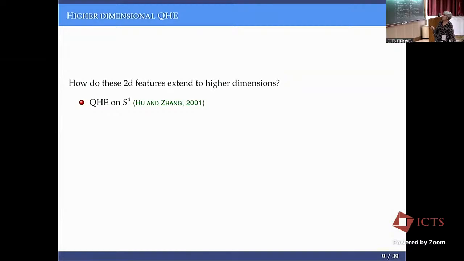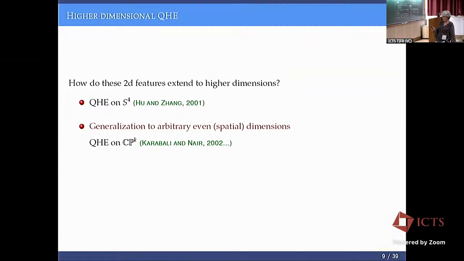So the first effort to extend quantum Hall effect to S4 was done in 2001 by Hu and Zhang. They introduced an SU(2) magnetic field. And right after that, in collaboration with Parameswaran, and most of this work is in collaboration with Parameswaran, we generalized this to arbitrary even dimensions by formulating quantum Hall effect on complex projective manifolds.